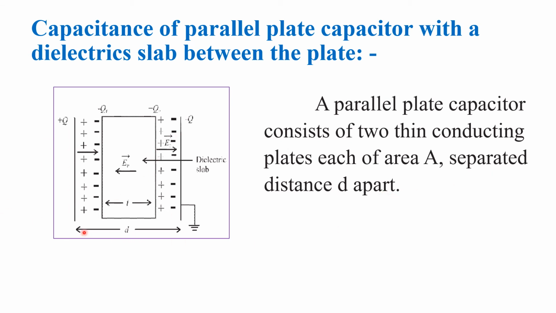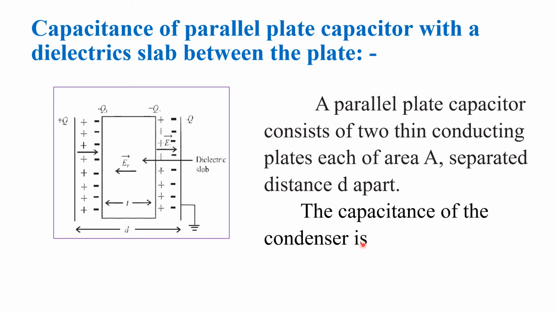The distance between them is d. The capacitance of the capacitor or condenser without dielectrics is given by C is equal to epsilon 0 A upon d. As the figure shows that there is a dielectric slab between the plates, but in the absence of this dielectric slab, the capacity of a capacitor can be written as C is equal to epsilon 0 A upon d.